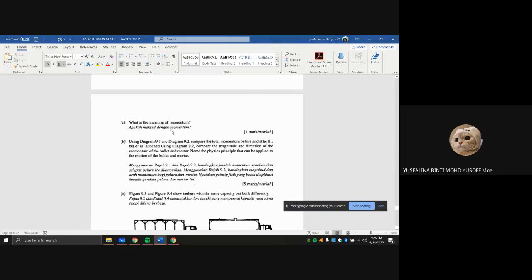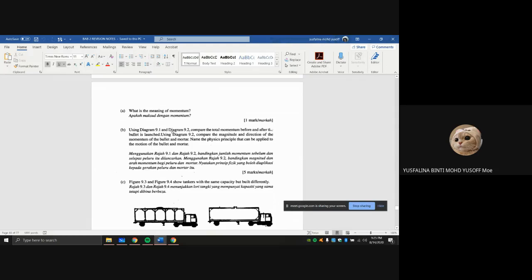Mass multiplied by velocity. Using diagram 9.1 and diagram 9.2, it asks you to compare the momentum before and after the bullet is launched. So this one is according to the principle of conservation of momentum, right? So the total momentum before and after the bullet is launched must be the same. Then using diagram 9.2, you have to compare the magnitude and direction of the momentum of the bullet and the motor.